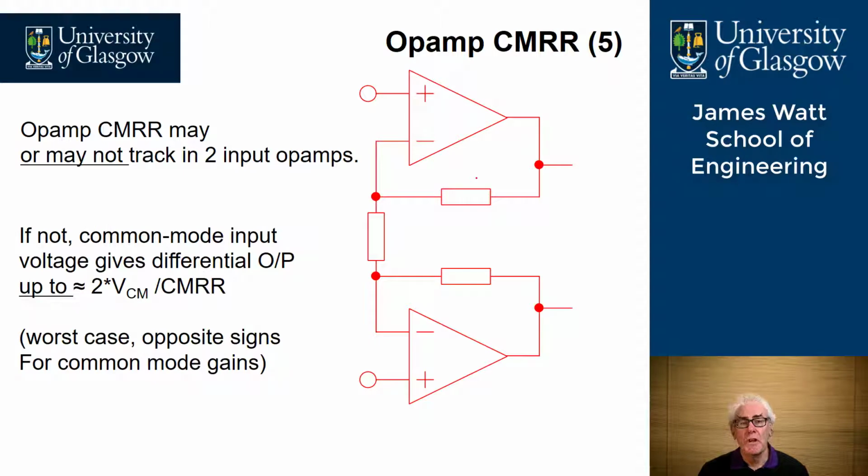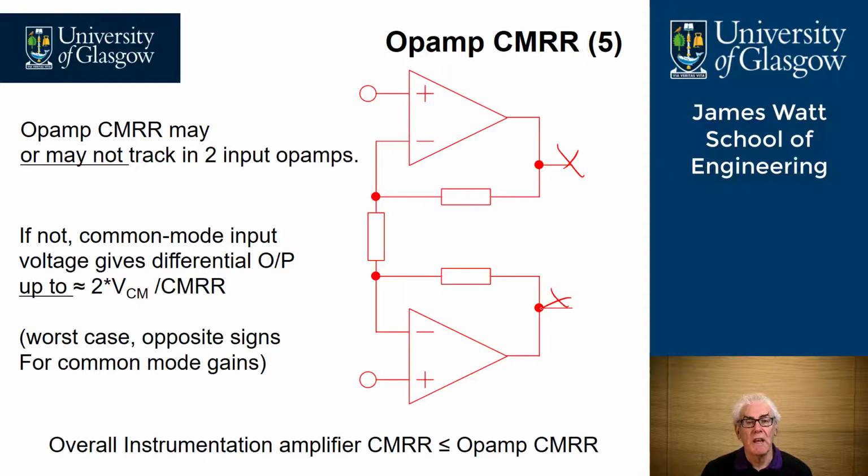If the common mode rejection ratio does not track, which is us taking the worst case, which for good engineering practice is important to do, then the common mode voltage giving rise to a differential output can be up to 2 times the common mode voltage divided by the common mode rejection ratio of one amplifier. So in the worst case, we will assume that we generate equal and opposite outputs at output A and output B, so we get the maximum worst case scenario.